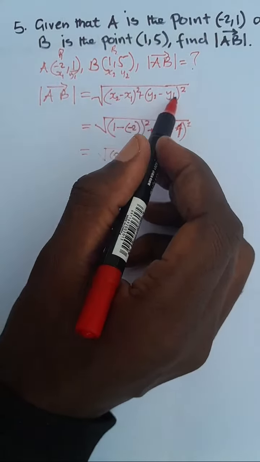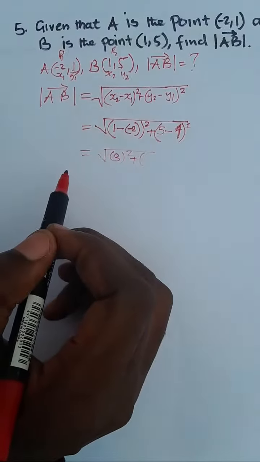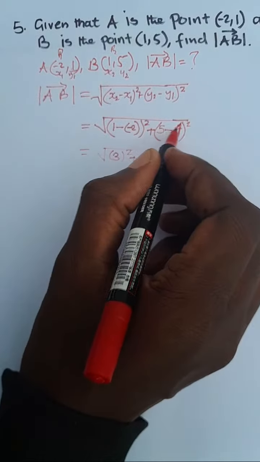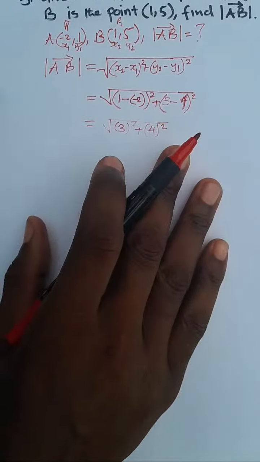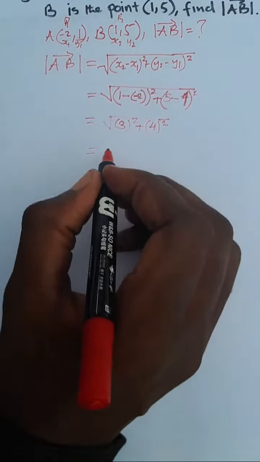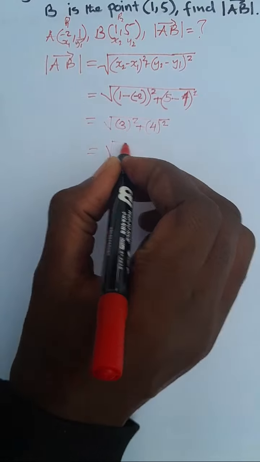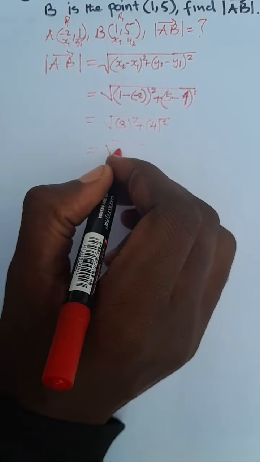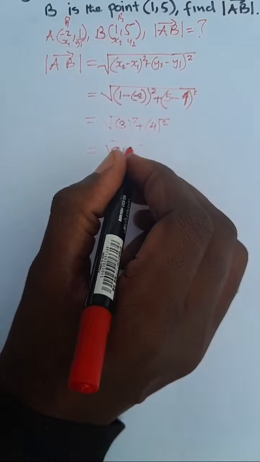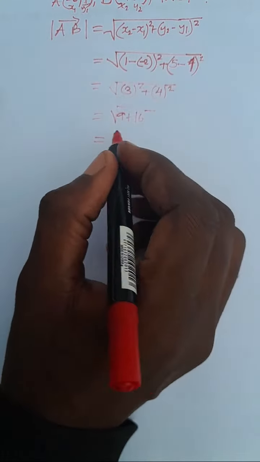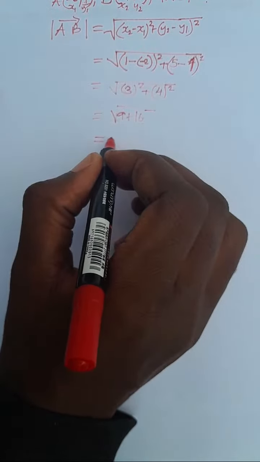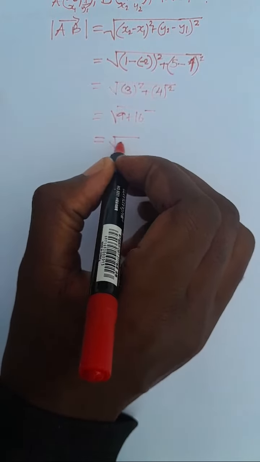Remember, we're saying y2 minus y1, and y1 here is 1. So 5 minus 1 is 4, then squared, is equal to 3 squared is 9, plus 4 squared is 16. 9 plus 16 is 25.